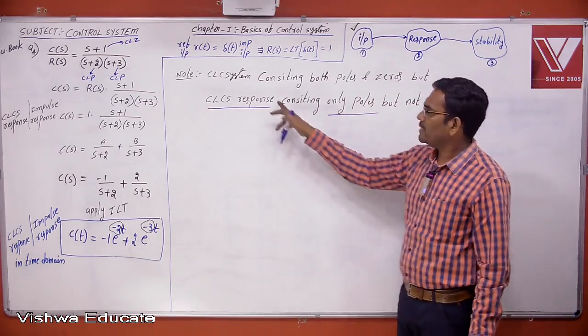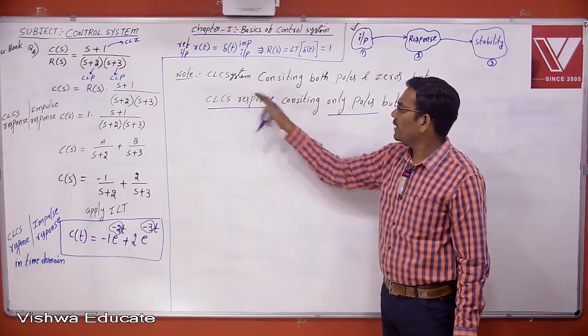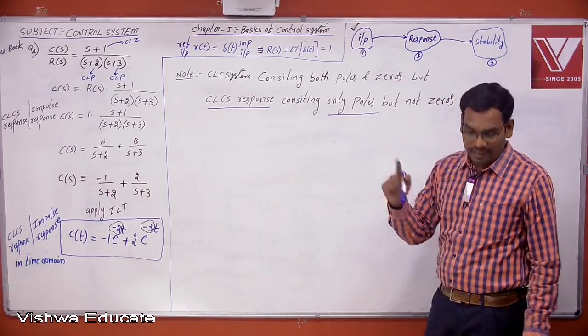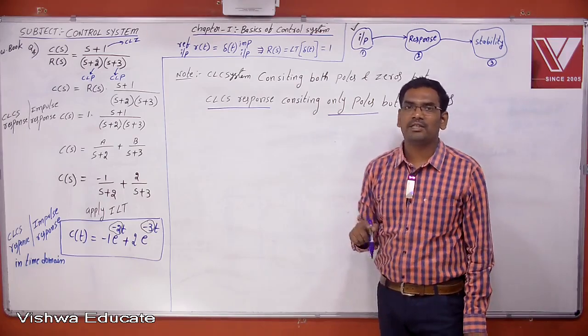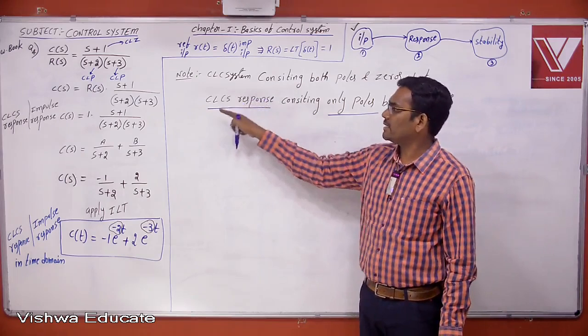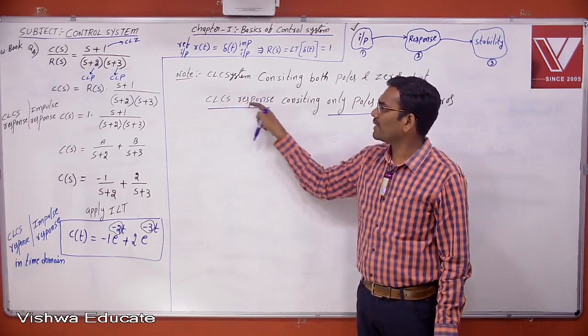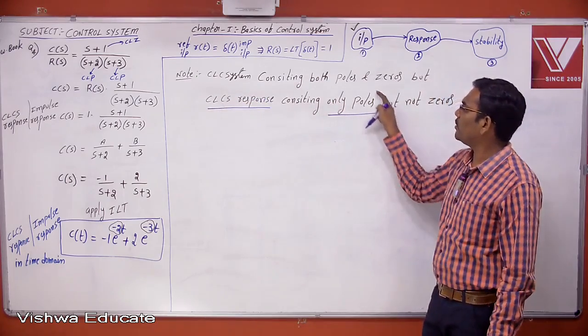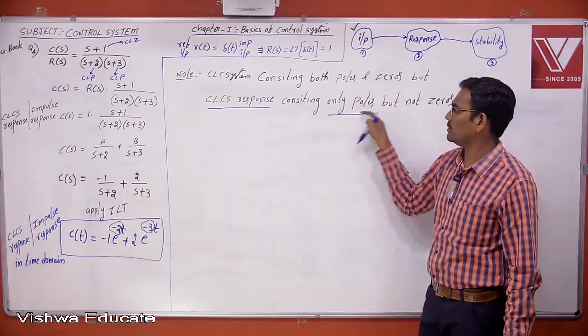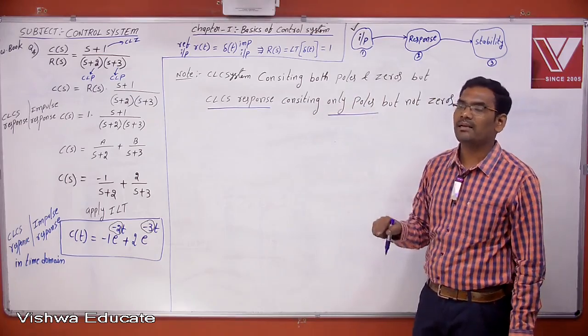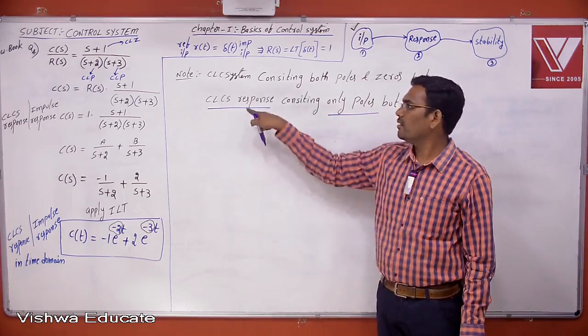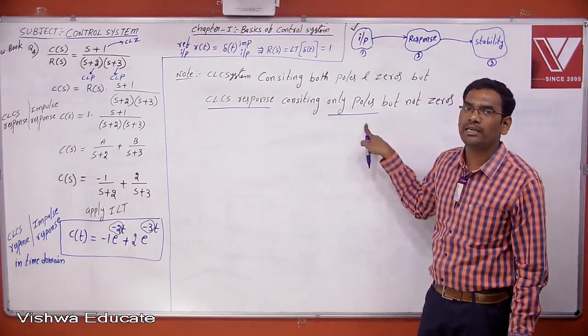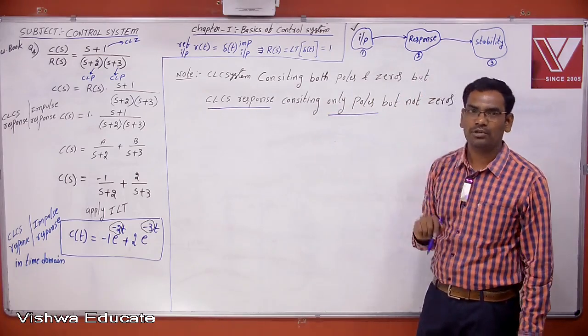That's why the complete system behavior depends only upon poles. As we will see in the first session, the closed loop control system characteristics are decided by only closed loop poles. That's why the system time constant is one of the characteristics which we can find only from the poles location but not from the zeros location.